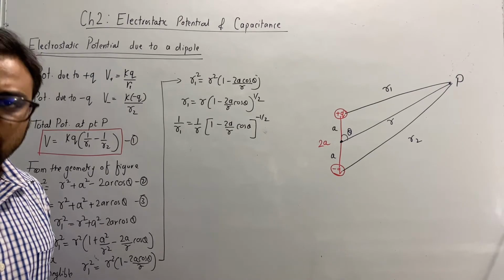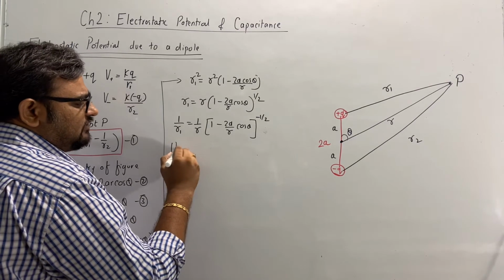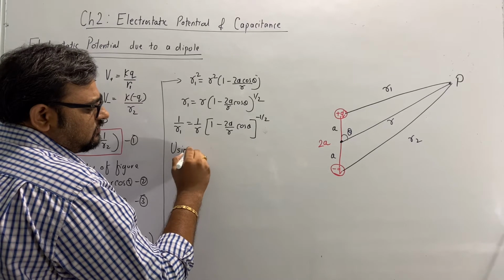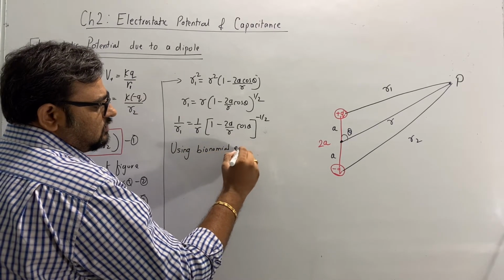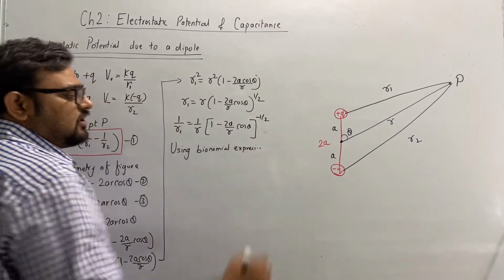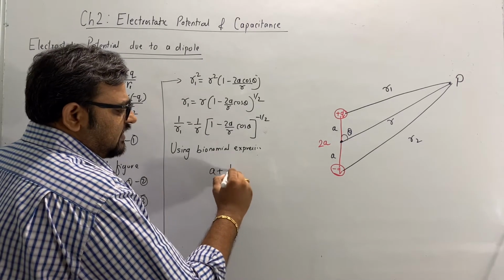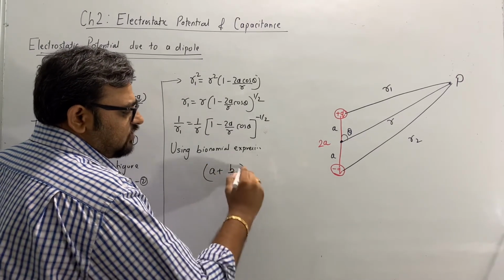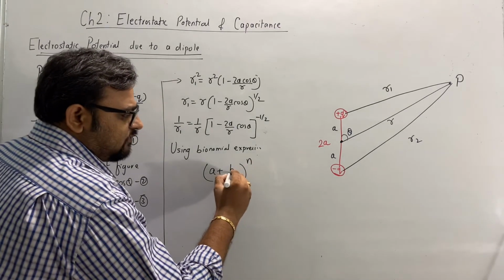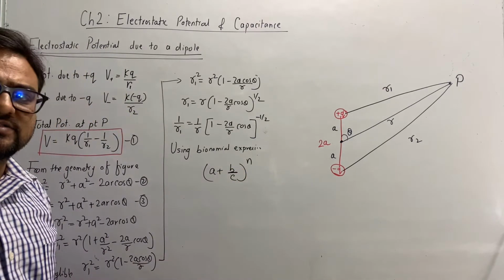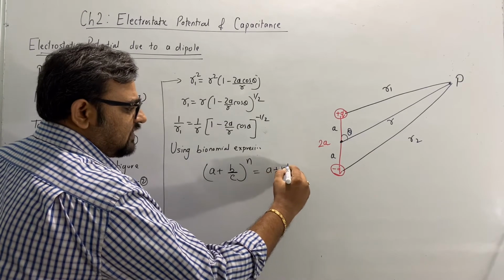Now if I use the binomial expression: if it is like a plus b by c whole raised to n, and if b is much less compared to c, then this will be equal to a plus n b by c.